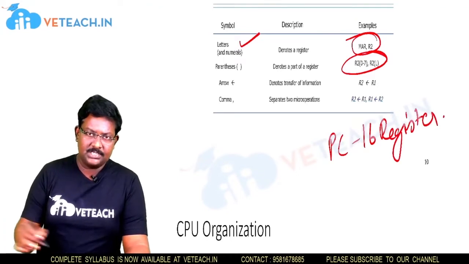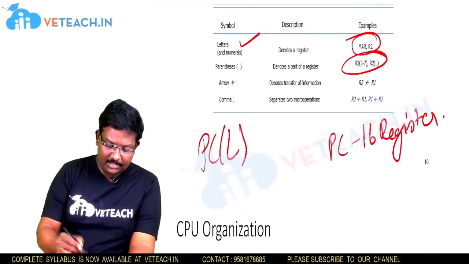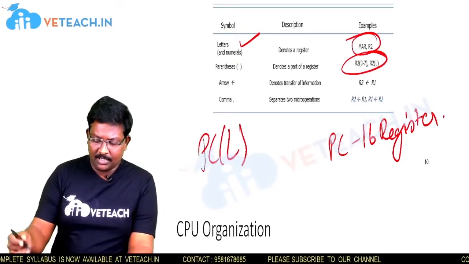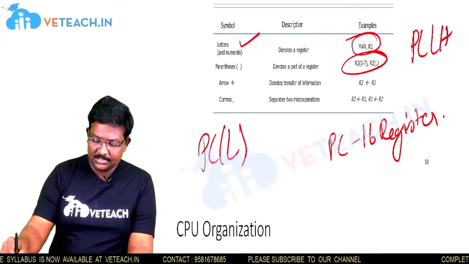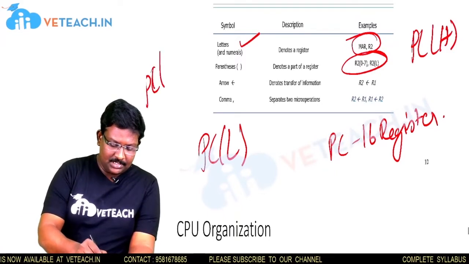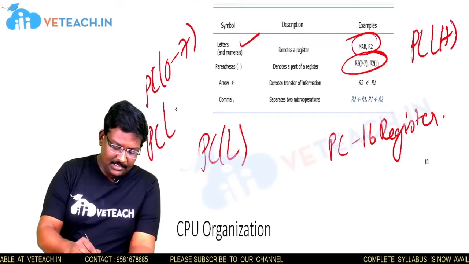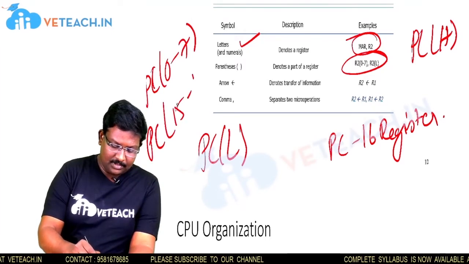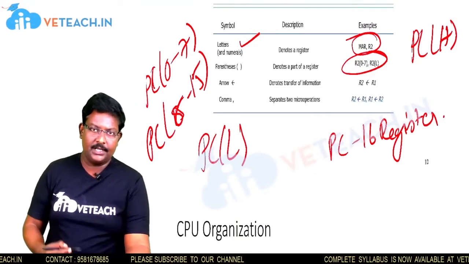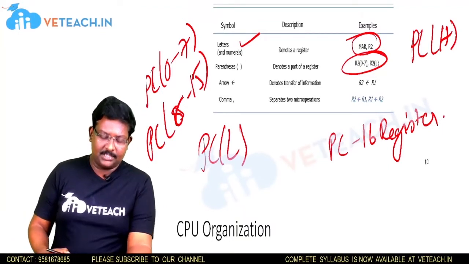If I want to represent a lower half of this, then simply I am going to write PC of L. If I want to represent an upper half of this, I simply write PC of H. Or we may write a part of the PC from 0 to 7. Or we may write the upper part from 8 to 15. So a part can be represented by using parentheses.